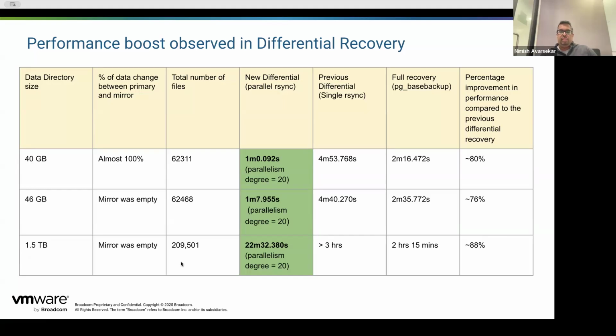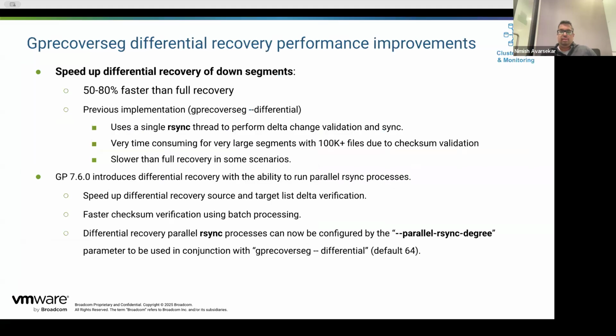And this is with respect to the parallel rsync degree switch set to approximately 16 to 64 in terms of number. So based on your system requirements, right? Like how many max startups you can have per segment node, you can try using 8, 16, 20 as a value for the parallel rsync degree process.